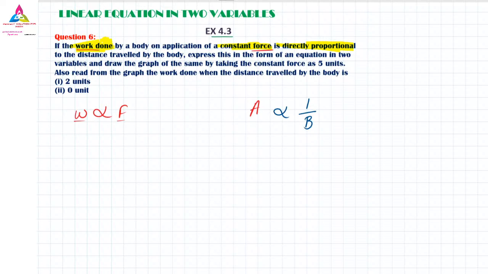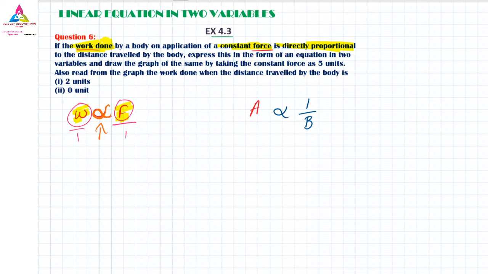So directly proportional is nothing but we have to write W and F in the numerator on both sides. This is a proportional symbol. Both W and F, that is the work done and the force, are directly proportional as given, so both must be in the numerator itself.